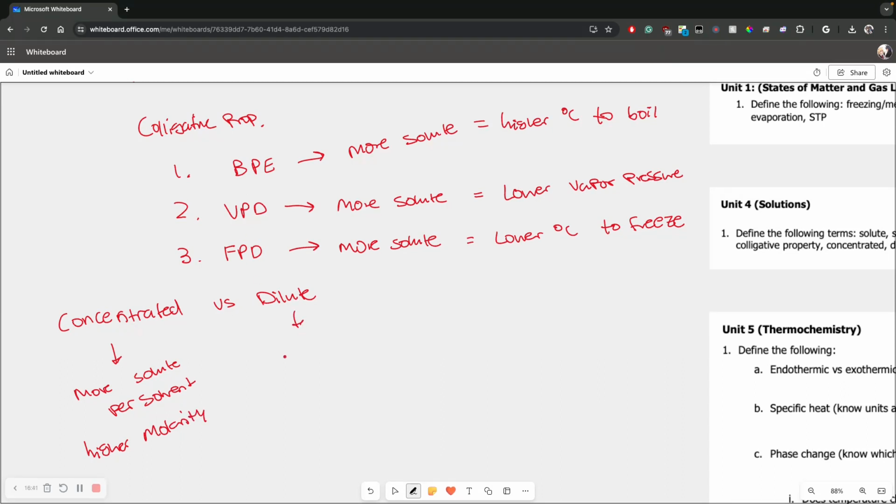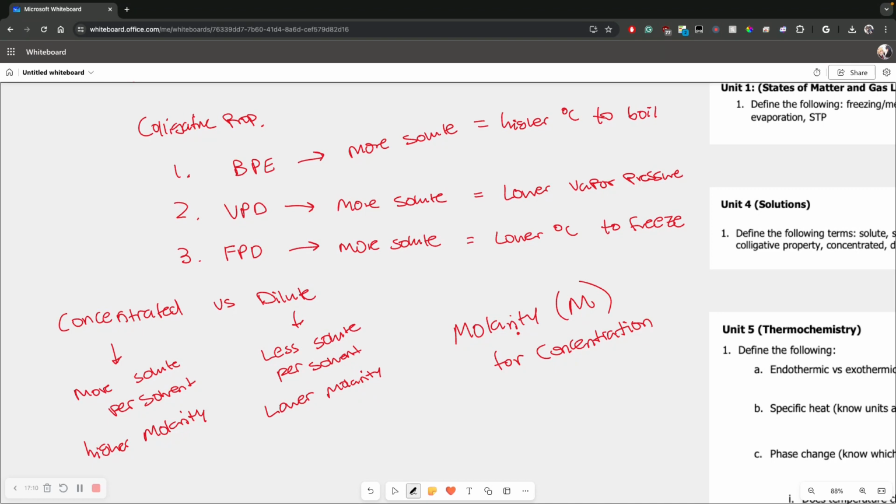And for dilute, you're going to have less solute per solvent. Consequently, your molarity will be lower. Remember that dealing with concentration, you're going to be using units in molarity. Capital M for concentration. Just keep that in mind and you'll be all set.